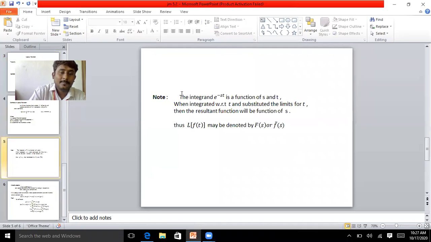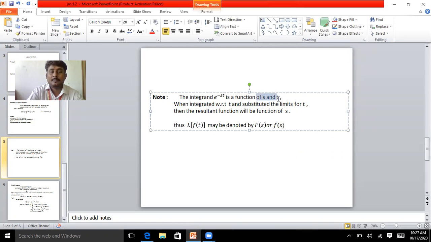So here one note: the integrand e^(-st) f(t) is a function of s and t.